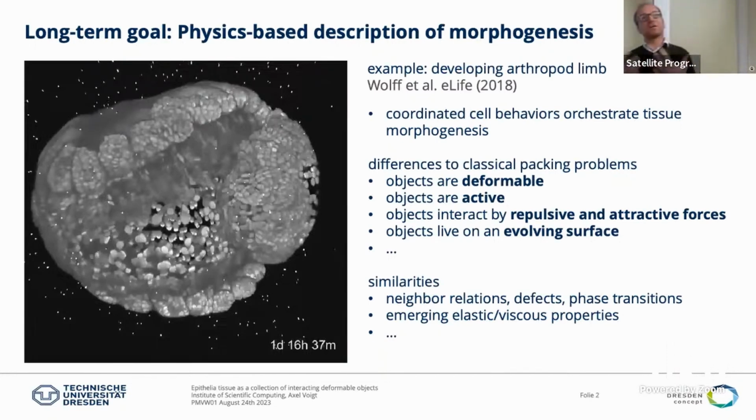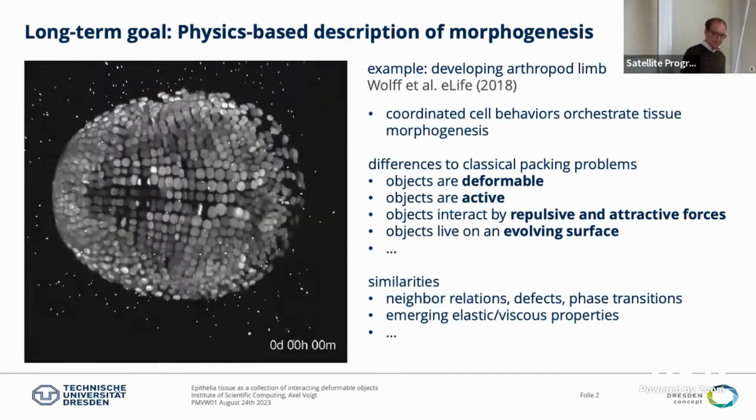There's something like a jamming transition, but we can also consider fluid and solid phases in this tissue, and out of this there are emerging elastic and viscous properties, and we are interested in that. I will go through all these things and describe how we model that and what we can do with this.